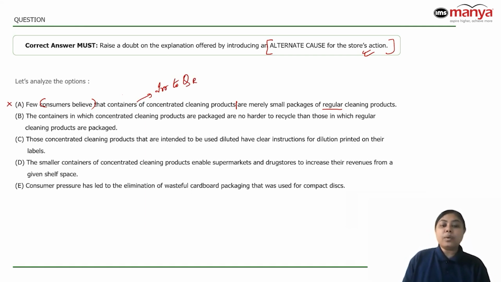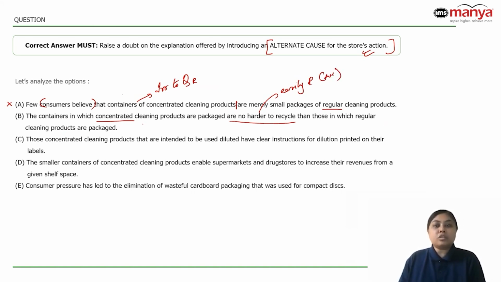Option B: the containers in which the concentrated cleaning products are packaged are no harder to recycle than those in which regular cleaning products are packaged. No harder to recycle means they can be easily recycled, so that's a positive thing, right? Wonderful. Everything is fine. But my question is, does that answer the question?